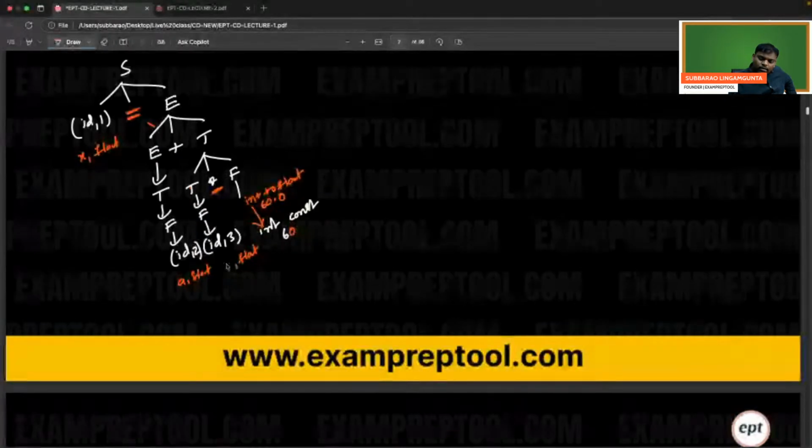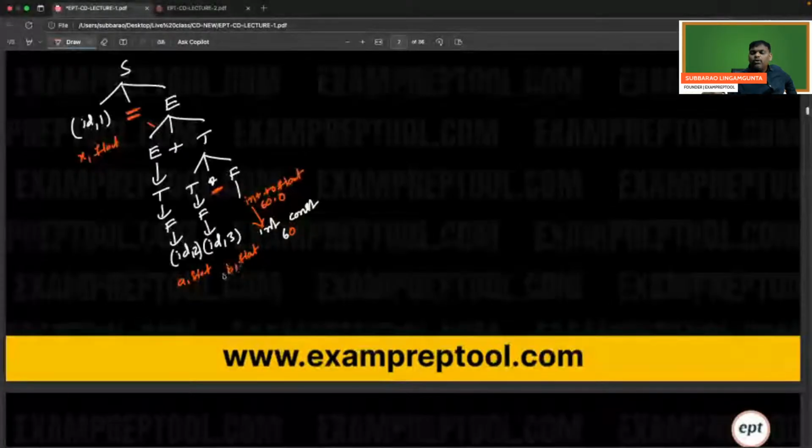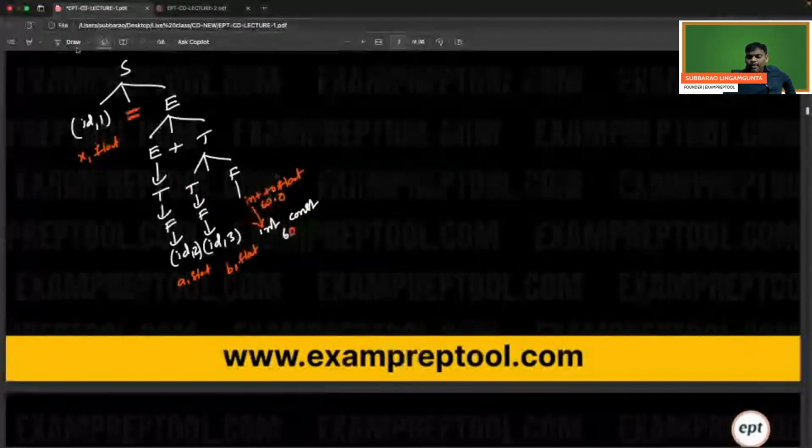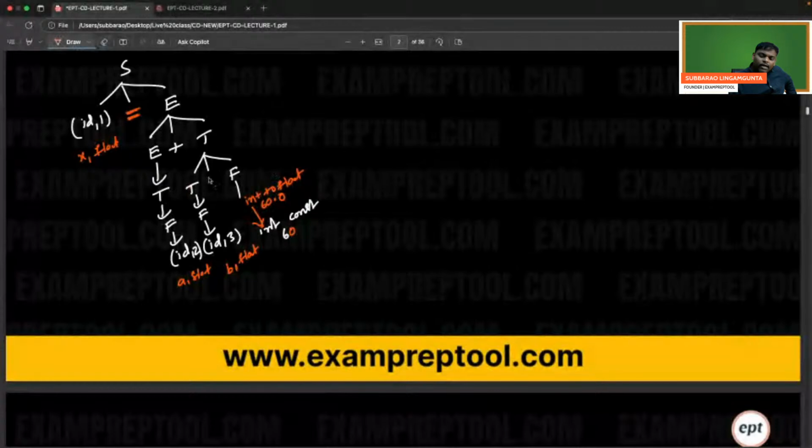Try to understand: if the types are not the same, you cannot do it. Then I have to do typecasting. This is the way of doing typecasting. If the types are not matching, you have to do typecasting, because if you want to do any operation between two variables, both should be the same type.